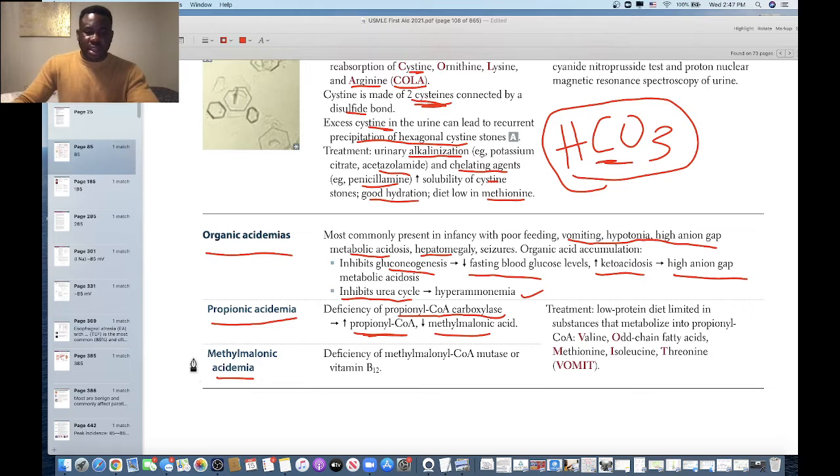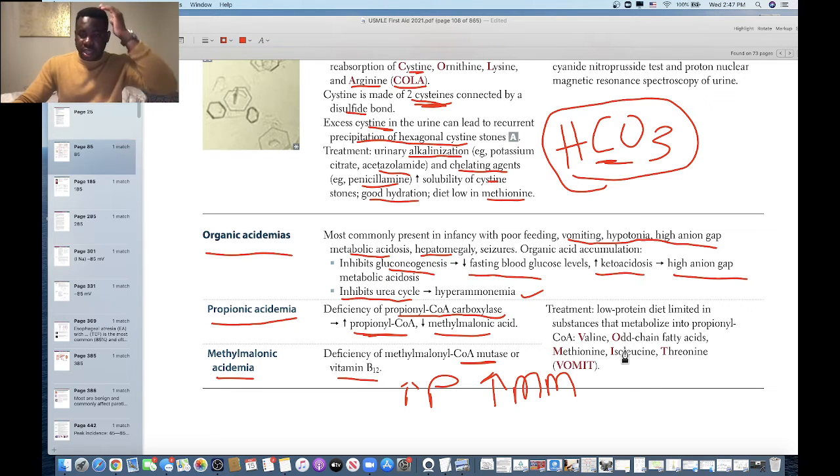The second one is due to deficiency of methylmalonyl CoA mutase, as I said over there, or B12 deficiency, and we know that one will lead to elevation of both propionyl CoA and methylmalonyl CoA. So let's take note.